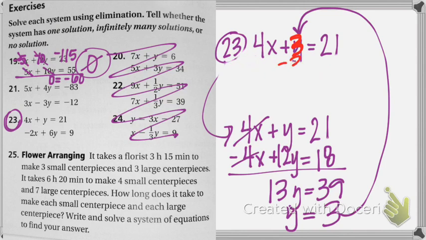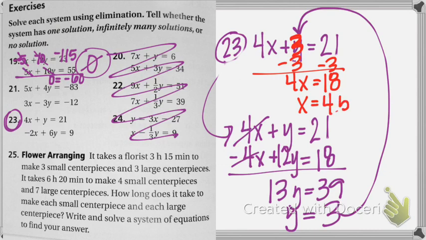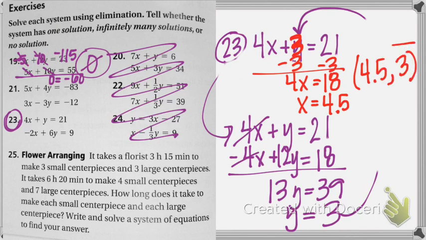So if I subtract 3, I get 4x equals 18. So x is equal to 18 divided by 4, which is 4.5. So my answer to this one is x 4.5 and y 3.